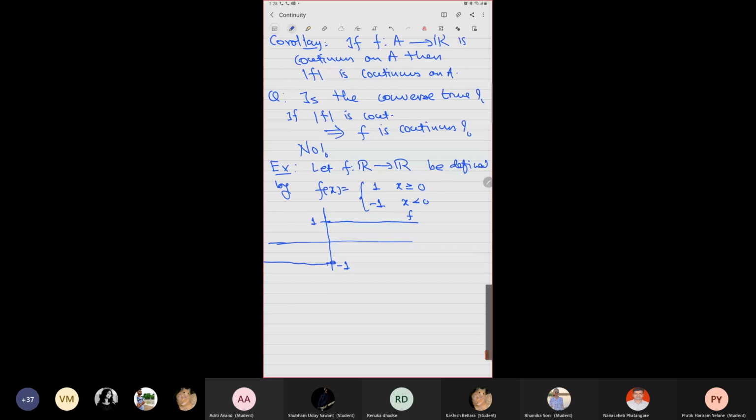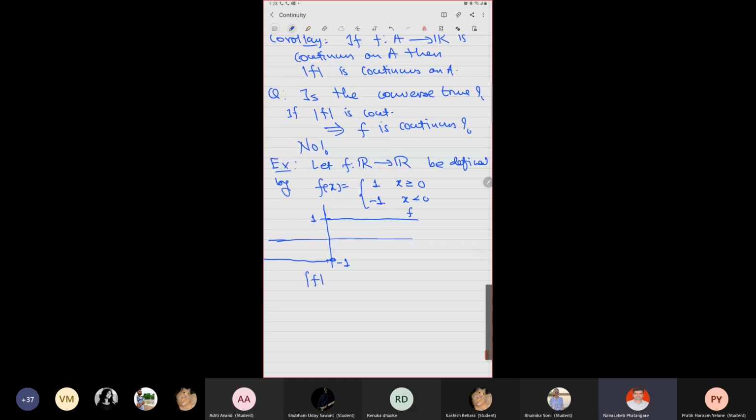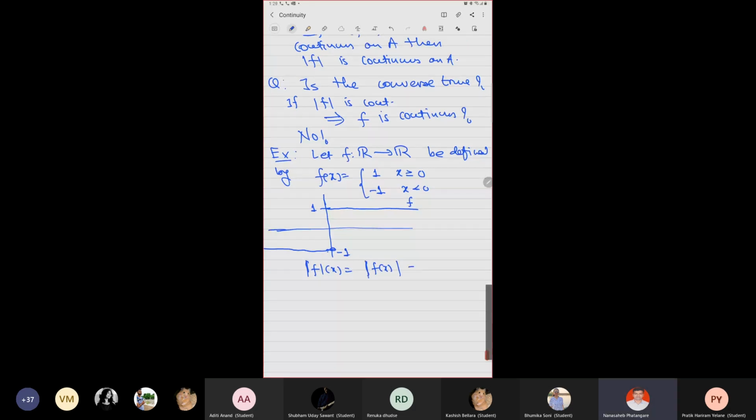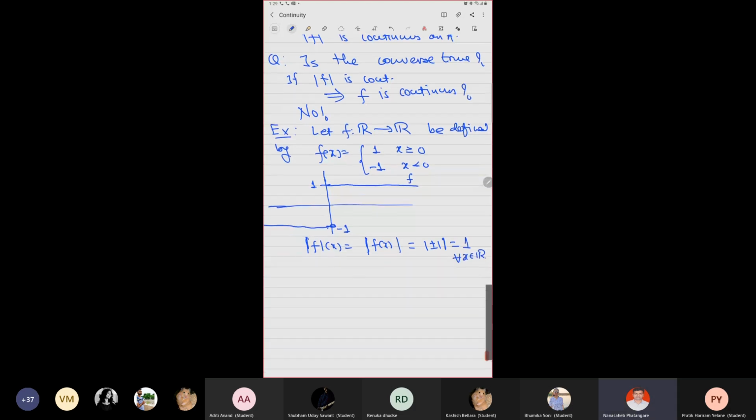So therefore, what is the absolute value of f(x)? If we take the absolute value, it is everywhere 1, right? Because even if x is less than 0, the value is minus 1, but we take the absolute value of plus or minus 1. Either value is plus 1 or minus 1, every time it is 1 for all x in R. Right? And how is the graph of an absolute value function?